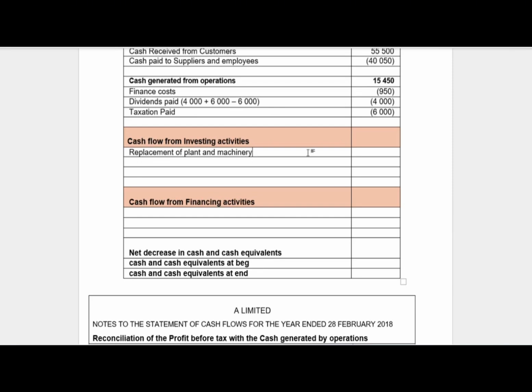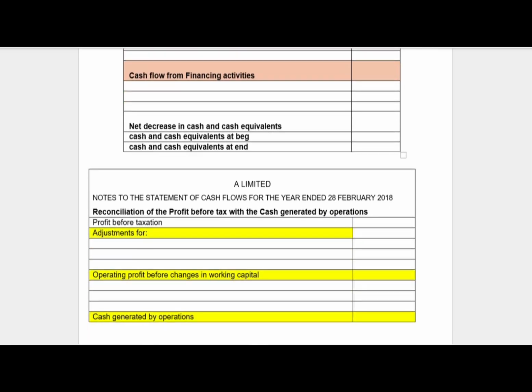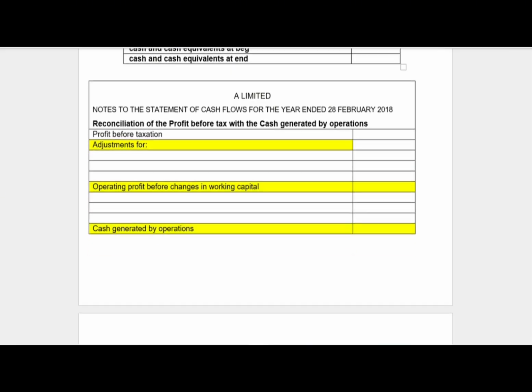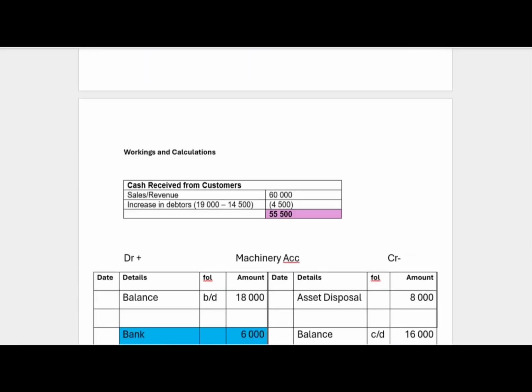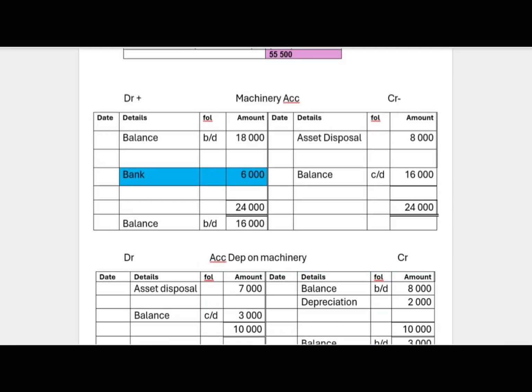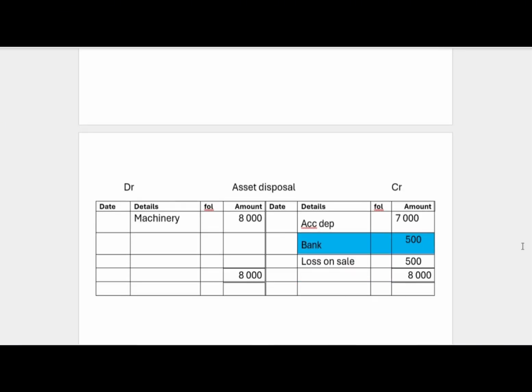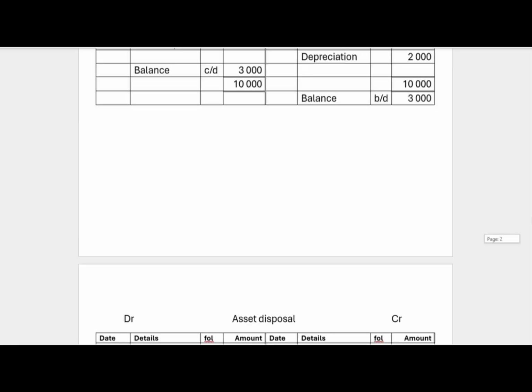All right, remember when we replace, it means we're buying with cash, right? So 6,000. Remember that 6,000 from the plant and machinery account, right? This 6,000 is the one that we recorded there as a replacement. And then we also have to record proceeds from sales of plant and machinery, which is the 500 that we received when we sold that plant and machinery.